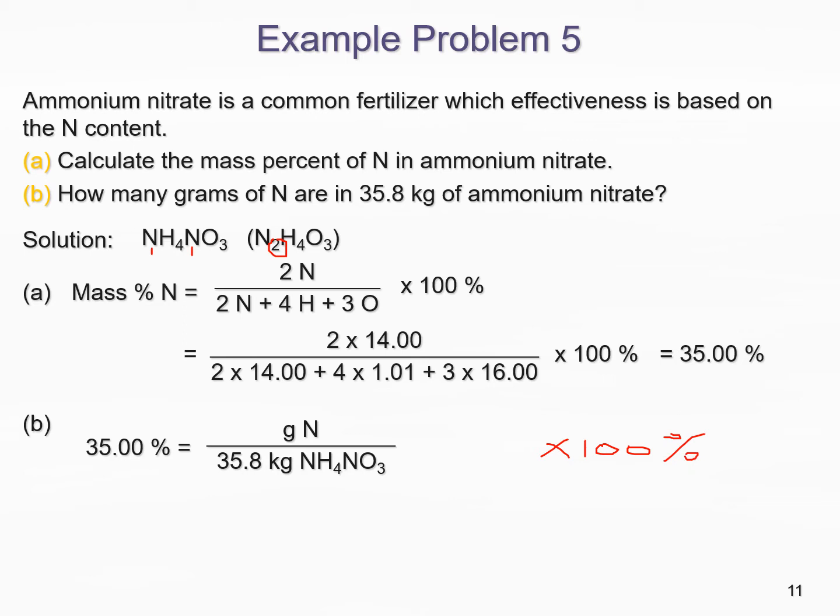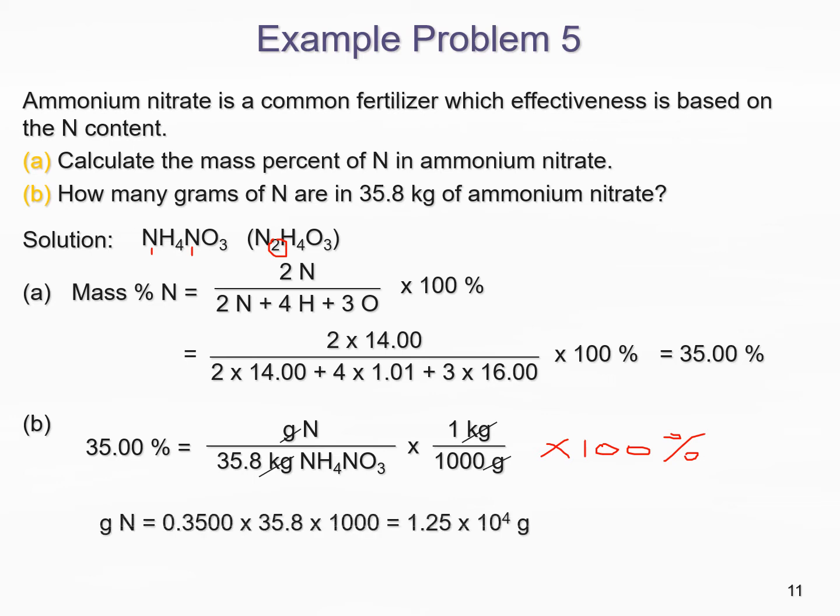However, we realize grams and kilograms cannot be canceled, so we need to convert a little bit. Grams and kilograms can cancel after this conversion factor is introduced, so we can carry out the calculation to figure out just how many grams of nitrogen. The calculation shows us it's going to be 1.25 times 10 to the 4th grams of nitrogen.